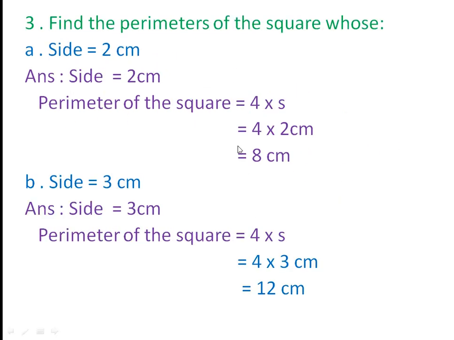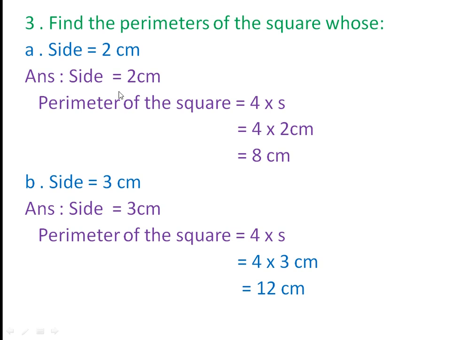And next see third one, find the perimeters of the square whose sides are given. First we recollect, what is the formula for the perimeter of the square? 4 multiplied by side. Okay, first A1, side is equal to 2 centimeters. First write down the statements in the answer.